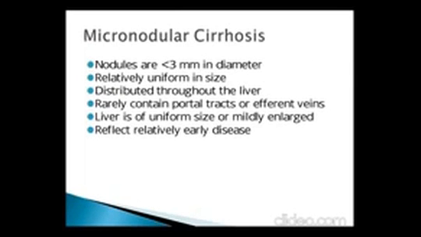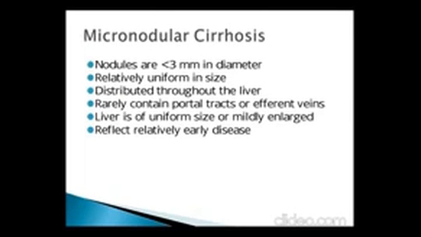Relatively uniform in size, distributed throughout the liver. Rarely contain portal tracts or the afferent veins. Liver is of uniform size or mildly enlarged here. So it basically reflects the relatively early disease stage.